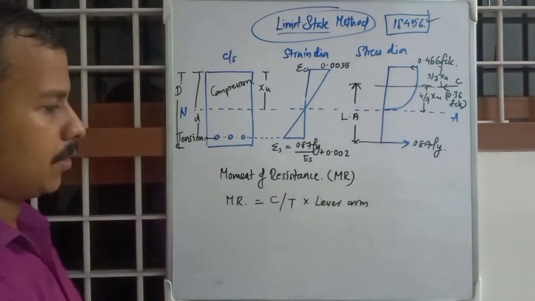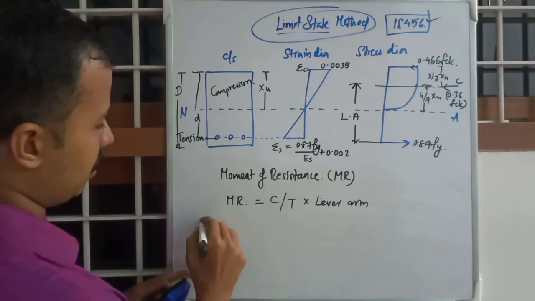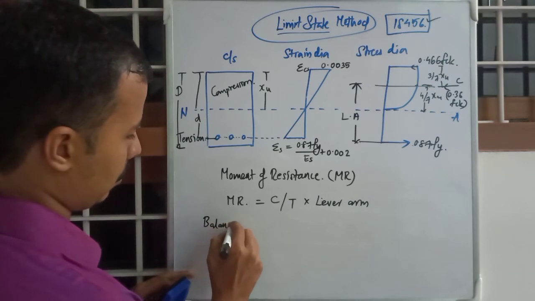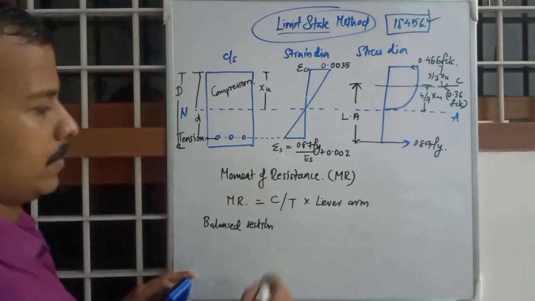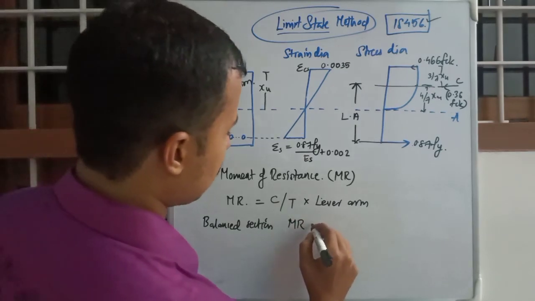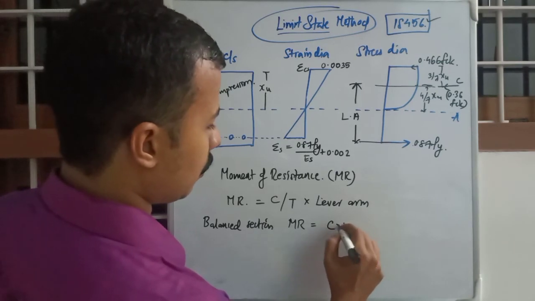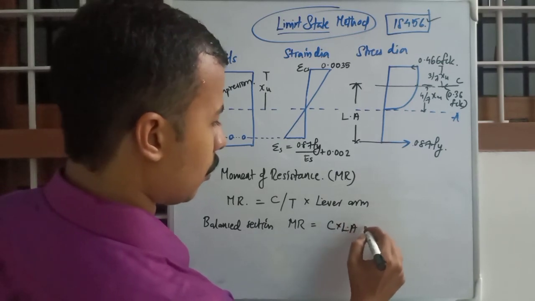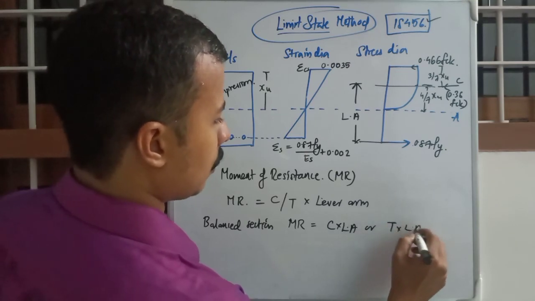In case of a balanced section, you can take moment of resistance as either C into lever arm or T into lever arm.